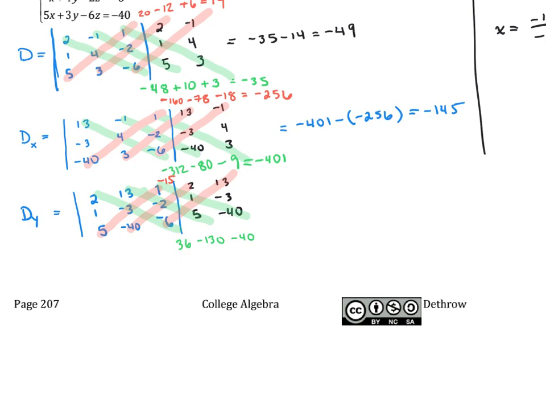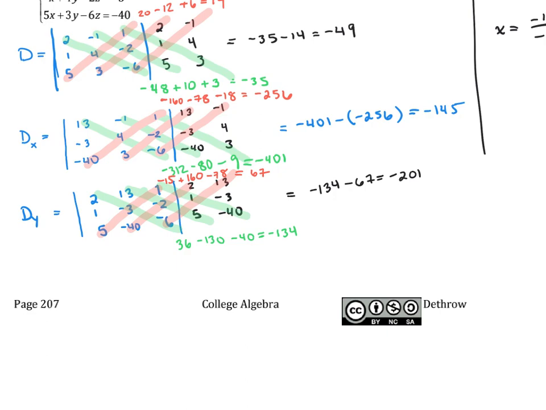Negative 40 times negative 2 times 2 is positive 160. And negative 6 times 1 times 13 is negative 78. So this is negative 134. And this is 67. So this is equal to negative 134 minus 67, which is negative 201.